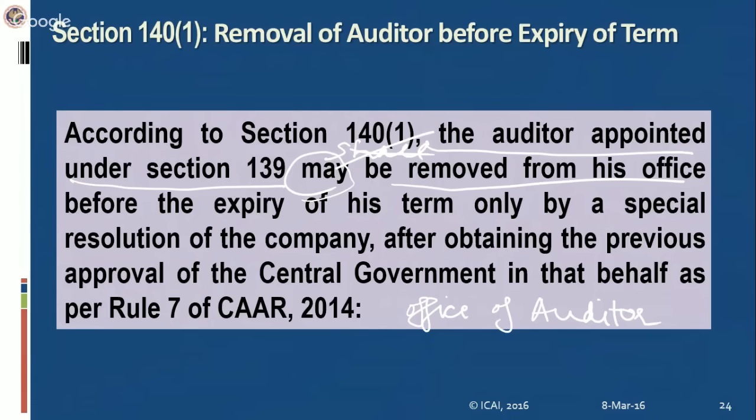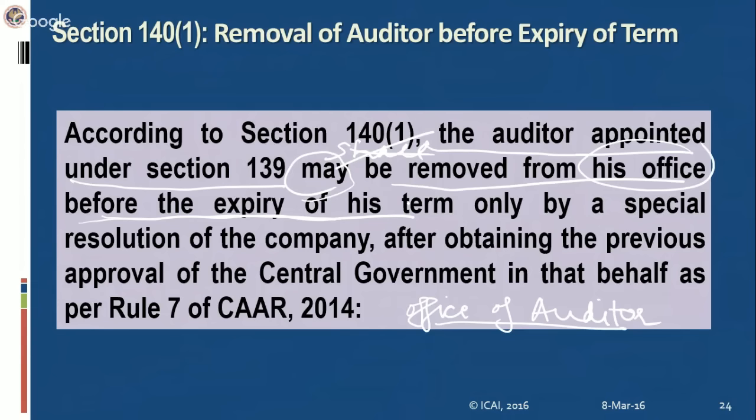So the auditor appointed under section 139 may be removed from his office before the expiry of his term only by special resolution of the company. Important words: he may be removed from his office, office of auditor, before the expiry of his term.